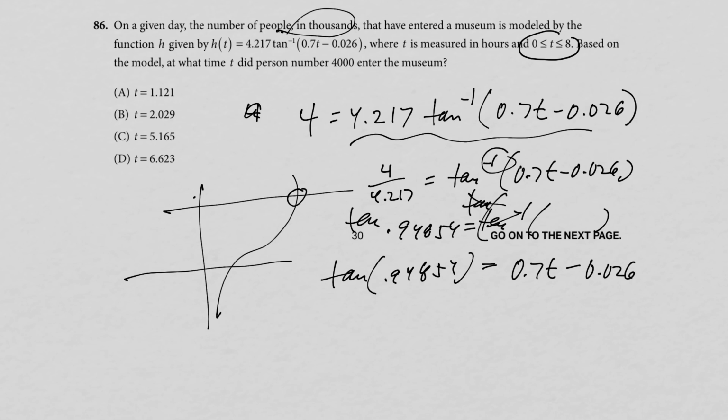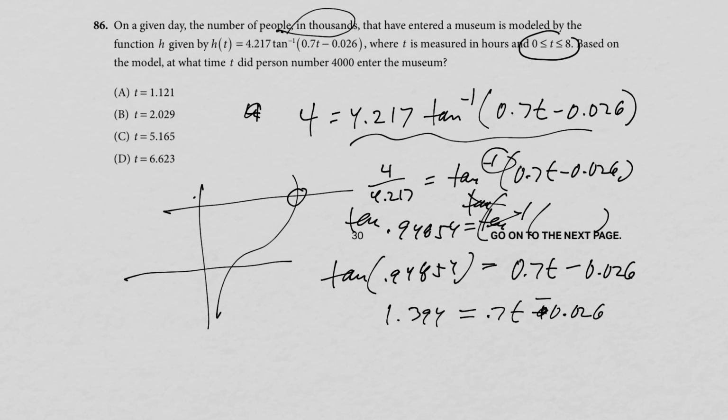Now, in my calculator, make sure I'm in radian mode, and I say tan of the second answer, so that I didn't round it at all. And the left side turns into 1.394. So, whoops, that's minus.